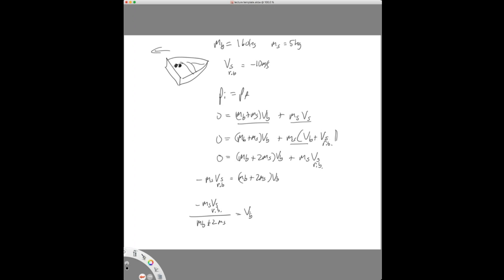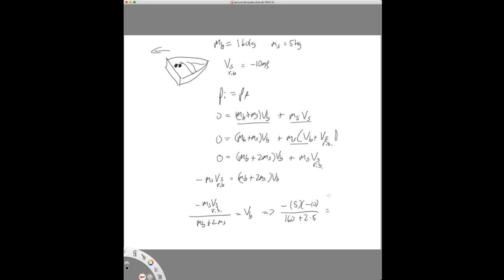So I went through that pretty quickly because it's basically the same as what we did last time, with the only slight change being we got to stick another stone in the boat. So if we put the numbers in here, we're going to get minus 5 times minus 10 over 160 plus 2 times 5.